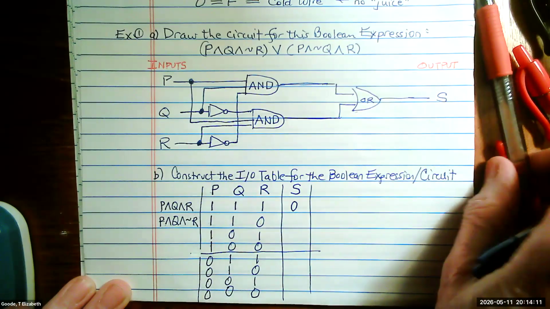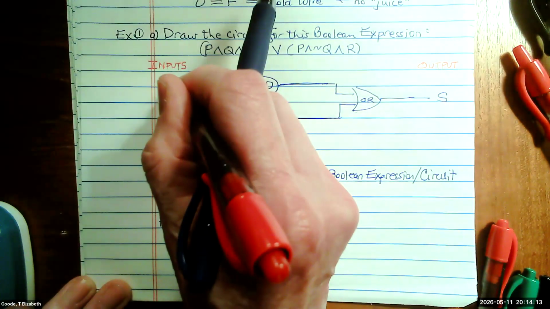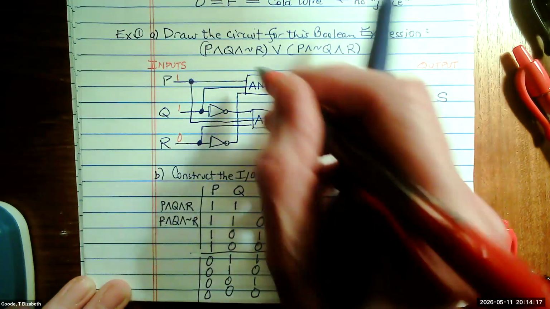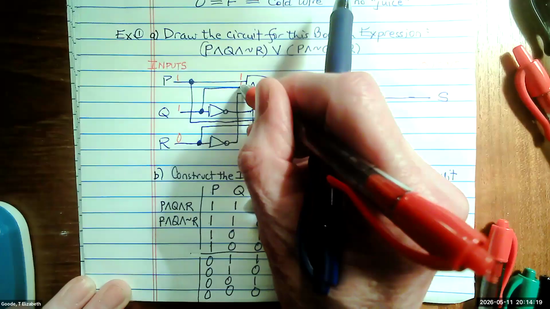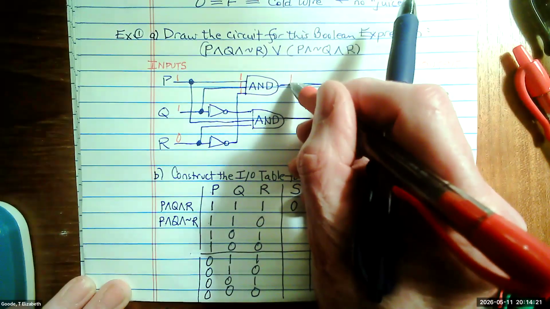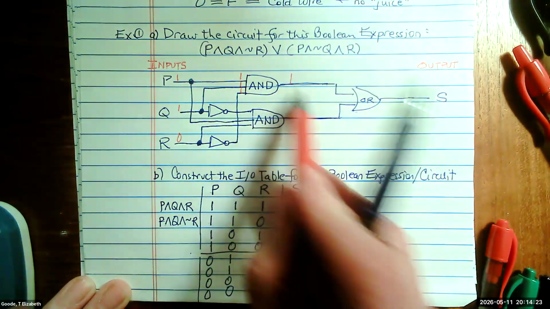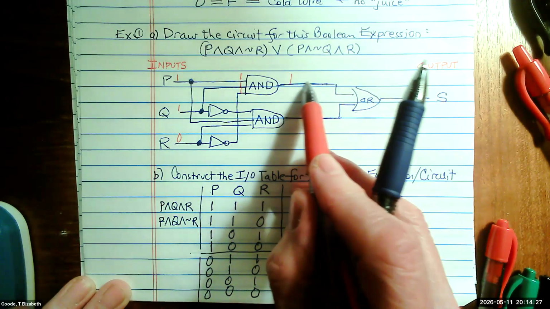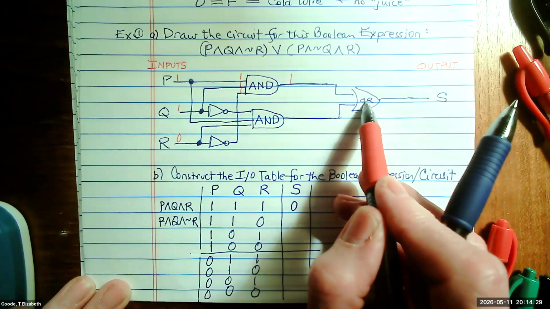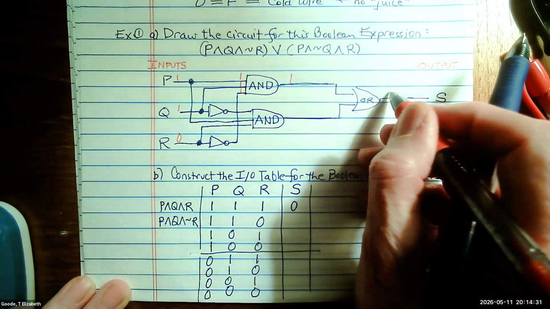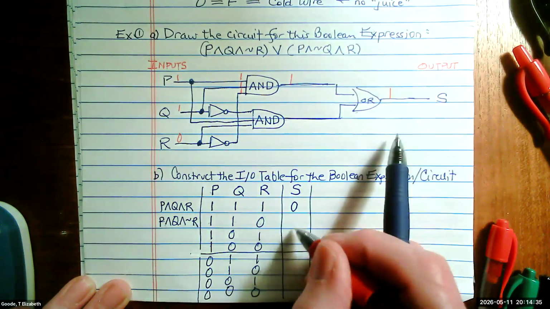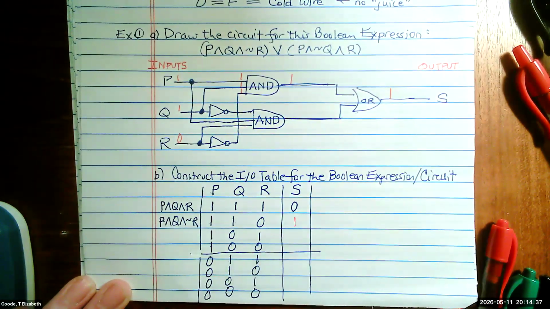So we'll get a 1 if P is 1, Q is 1, and R is 0. Then what's coming in here is a 1, a 1, and a 1, and that's going to output a 1. Well, it doesn't really matter what's coming in on this bottom wire. If a 1 is running into an OR gate, that's enough to light up the output on the OR. And that's why we want to get a 1 in the second row.